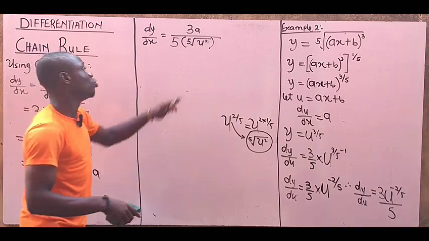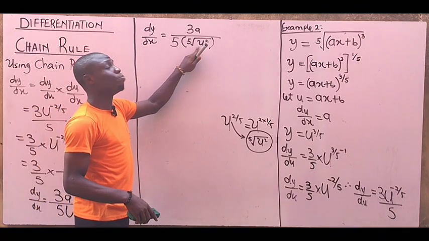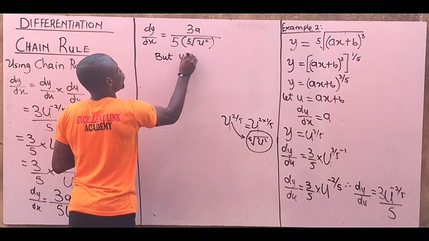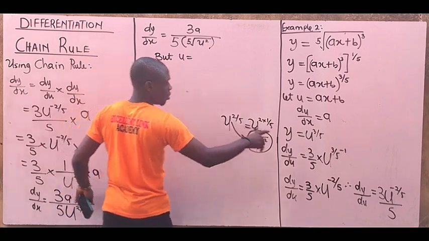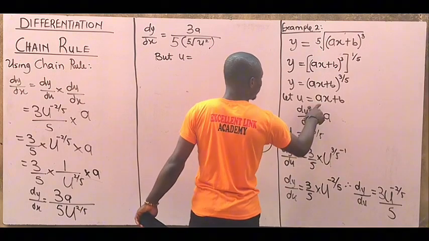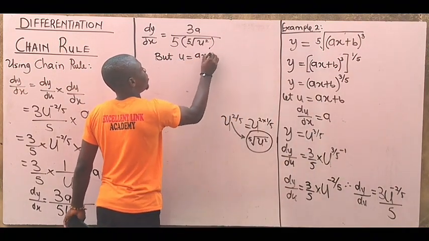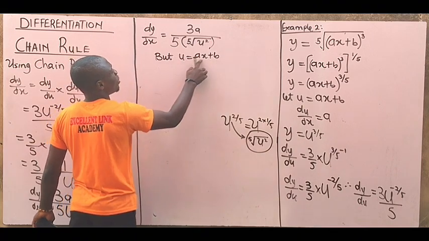Why? Because I'm having u here, so I'll take this u back to x. But u was what? We said u was ax plus b. So if I see u, I put ax plus b.